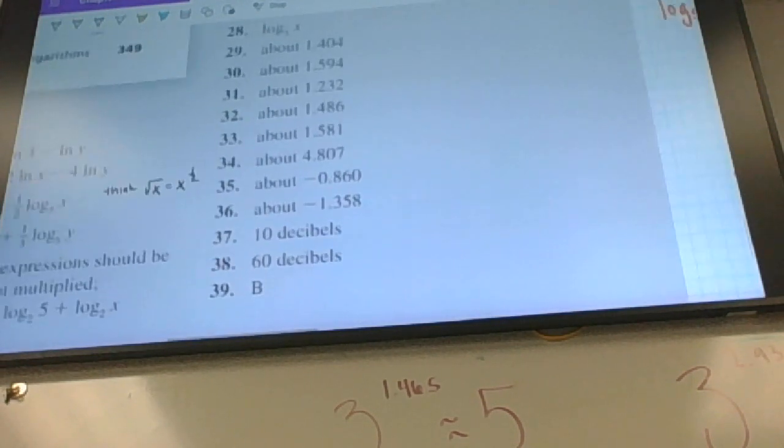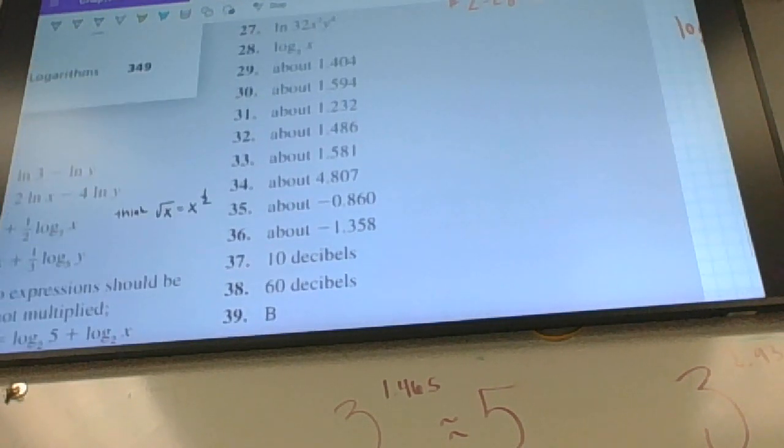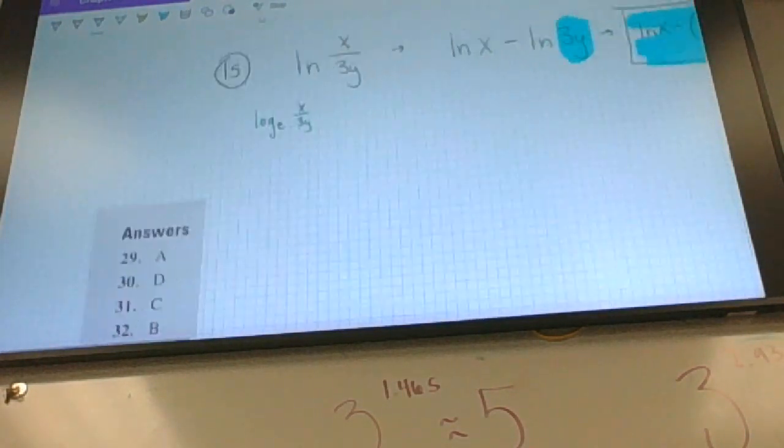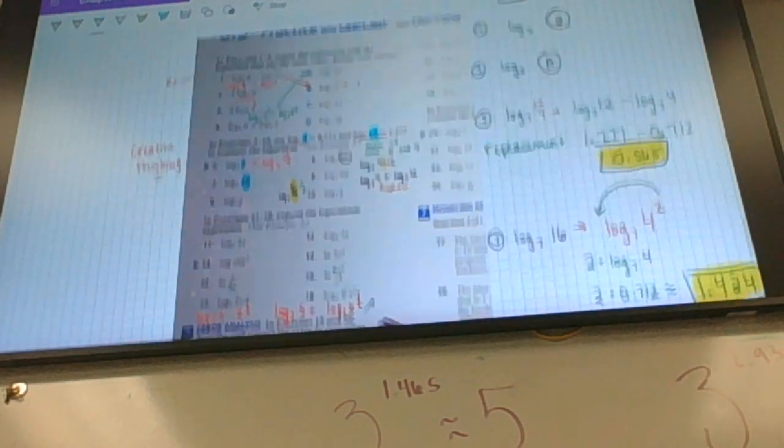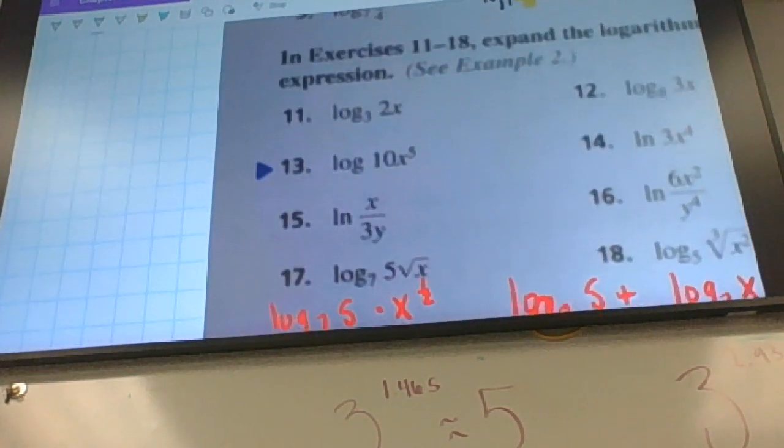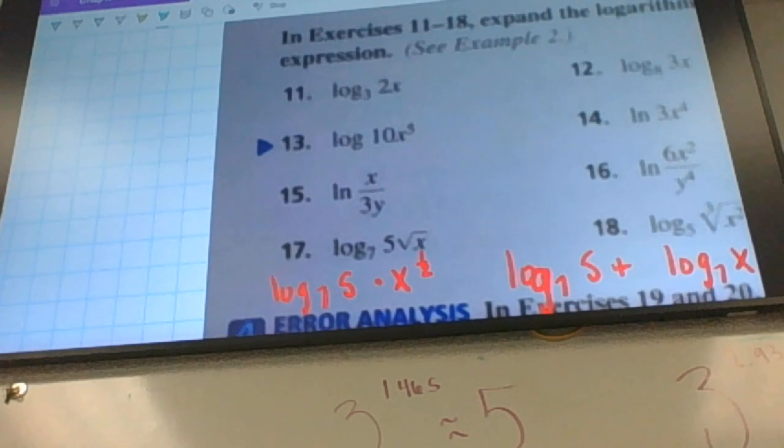Alright guys, let's look at 13. Everybody felt like they could not do this. Alright, direction says expand. When it says expand, I want you to separate the coefficient from the variable.